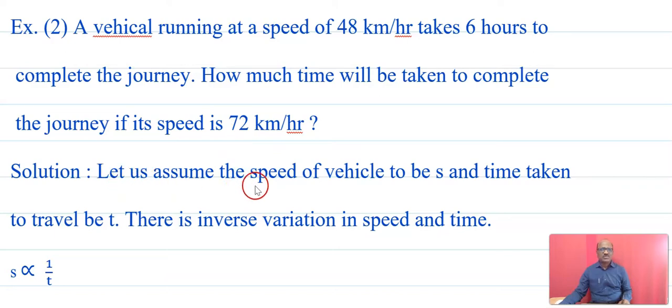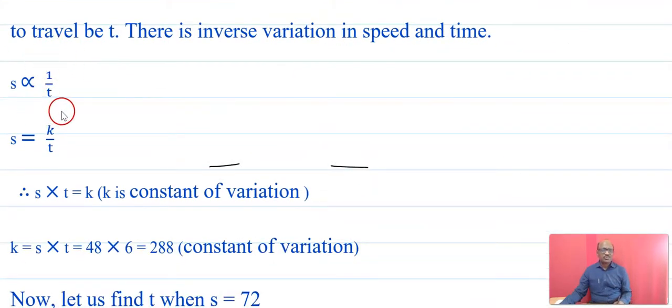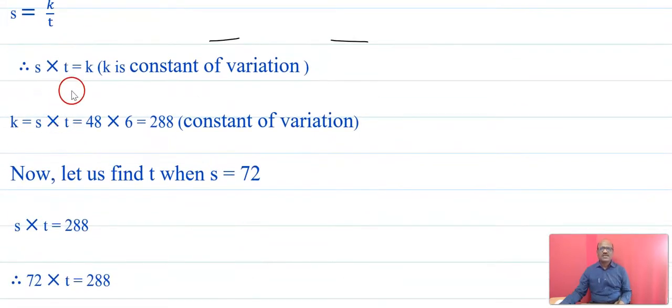Let us assume the speed of the vehicle to be S and the time taken to travel be T. There is an inverse variation in the speed and time. Therefore, S is inversely proportional to T. S equals K upon T. S into T is equal to K, where K is a constant of variation.